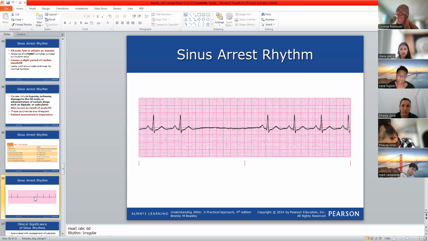As if the heart is stopped for a while, right? So we call it arrest, just the word arrest. But if we look at the rest of the beats, as you see, it is a normal sinus rhythm. So if I have this gap without any beats, I will say this is sinus arrest.